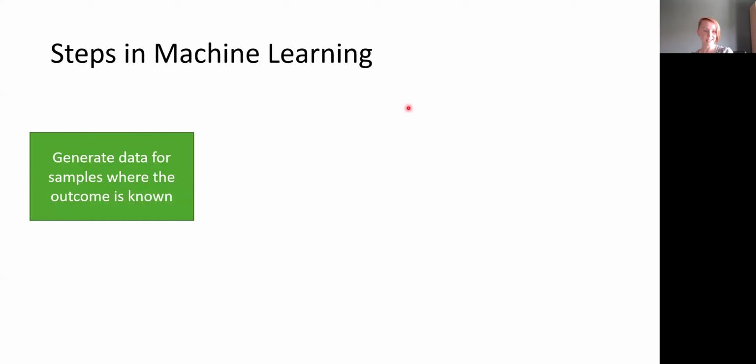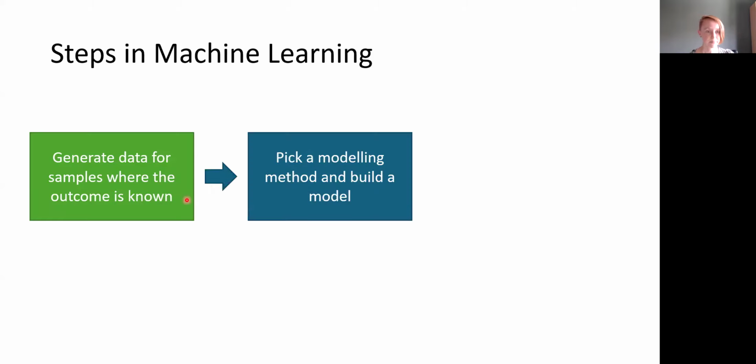So the steps in machine learning: firstly, we obviously have to generate the data for samples where the outcome is known. So we need to know the outcome in as large a data set as we can get our hands on, essentially, is often the case. But we also need it to be high quality enough. We've all heard of rubbish in, rubbish out. That is very much the case for machine learning.